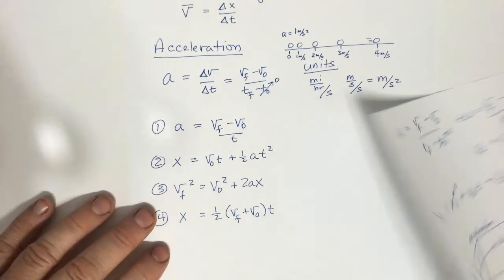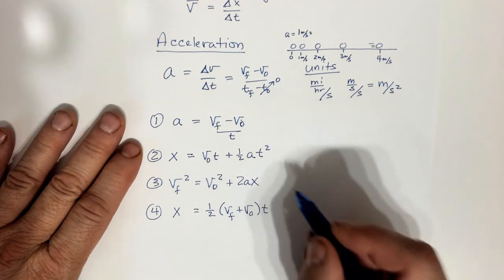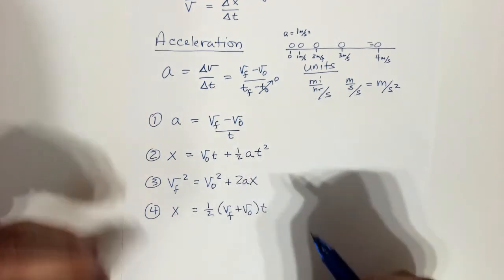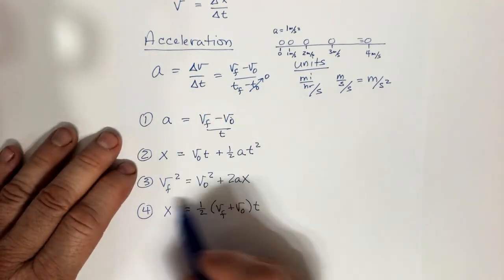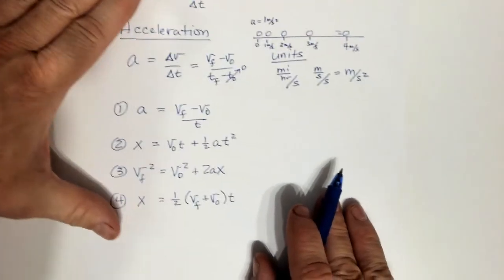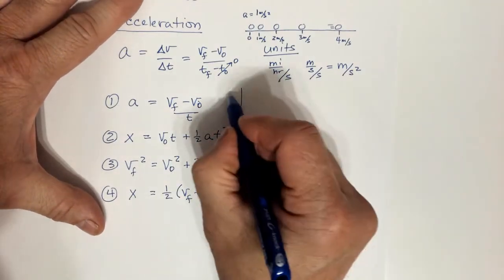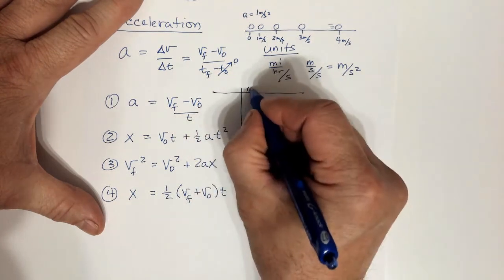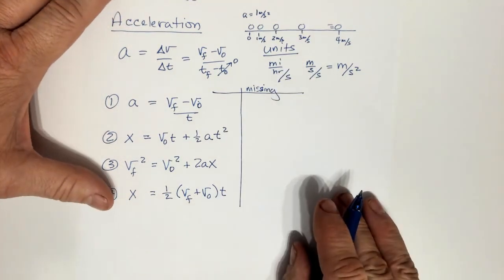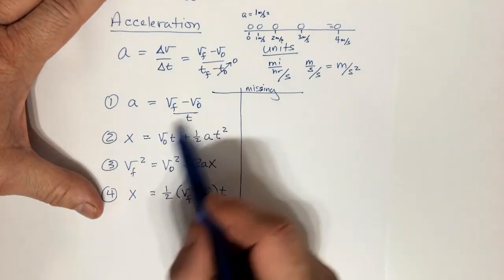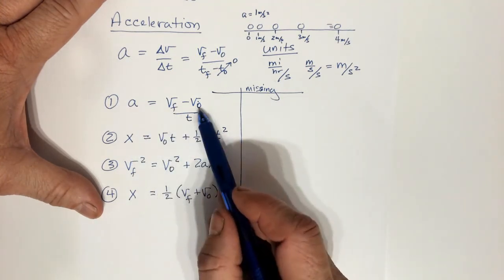So these are the equations that we're using. And I want you to understand why these are so important: they help us figure out what's the best one to use during a problem in this unit. And how I use them is I look for the missing information. Okay? We know that each one of these equations has something missing. And what's missing is one of our units, either distance, acceleration, final speed, or initial speed, or time.